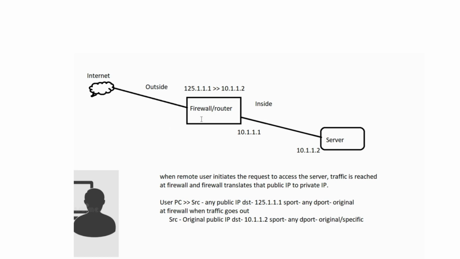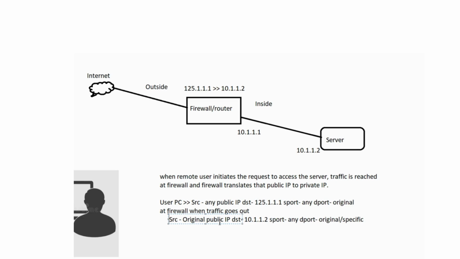So traffic comes at the firewall, checks all the routing part, first netting part also, whether there is any destination netting happening or not. So firewall gets the traffic for the destination netting, and it checks the request is coming for 125.1.1.1. Yes, I have an entry for the destination netting, so that should be changed or NATed with the 10.1.1.2 IP. So when the traffic goes out towards LAN inside from the firewall, now request will be in this format.